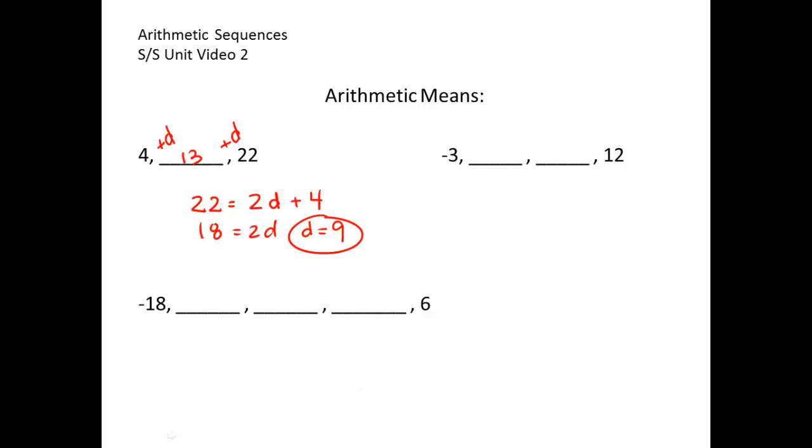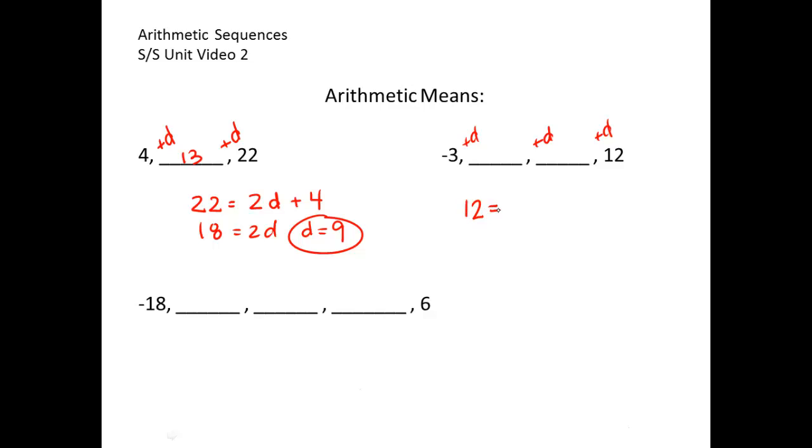So let's try the second one together here. Here I'm going to have 3 common differences because it's going to take me 3 steps to get to 12. So you can think of that D as how many steps it takes to get to the end of this particular sequence. This would help you in many situations that we're going to work on in the future.